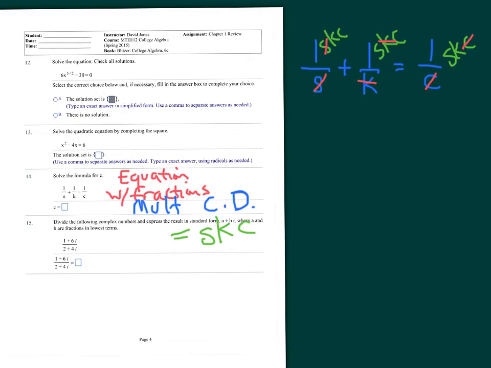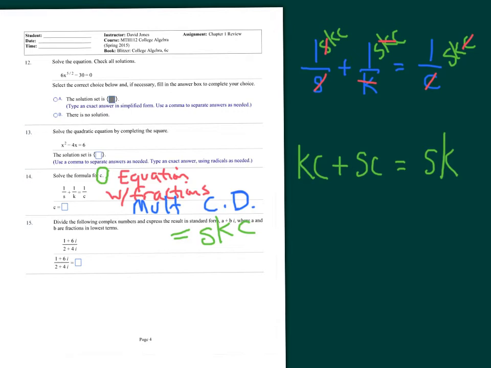So up top, that leaves 1 times kc, which is just kc, plus 1 times sc, which is just sc, equals 1 times sk, which is just sk. Okay? And ultimately, we want to get c all by itself.